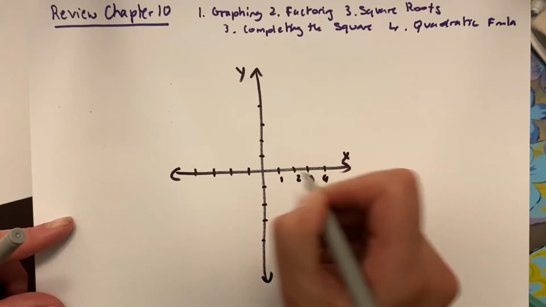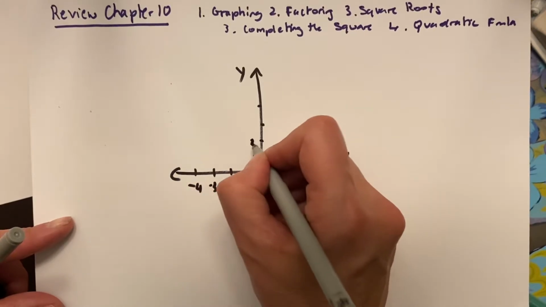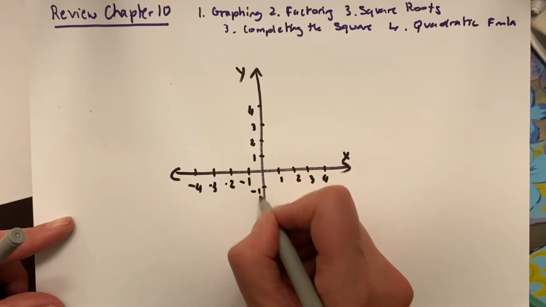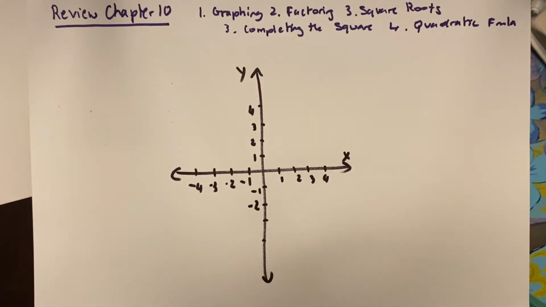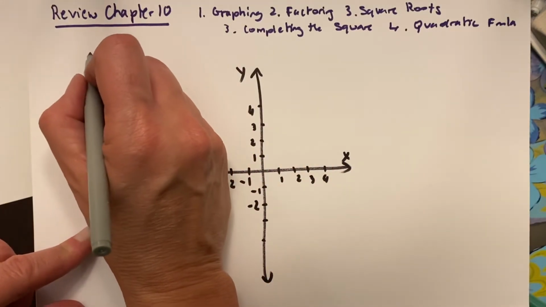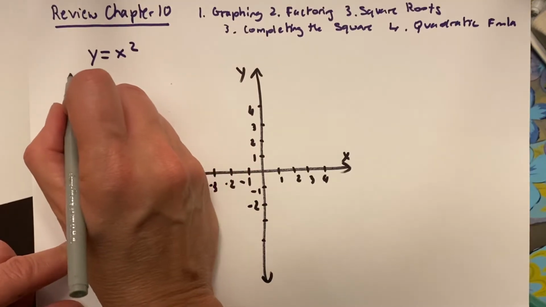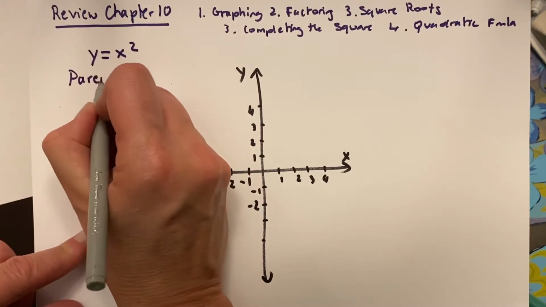One, two, three, four, -1, -2, -3, -4, 1, 2, 3, 4, -2. Okay. And I'm going to talk about the basic parent function of the quadratic equation. Y equals x squared. This is the parent function.